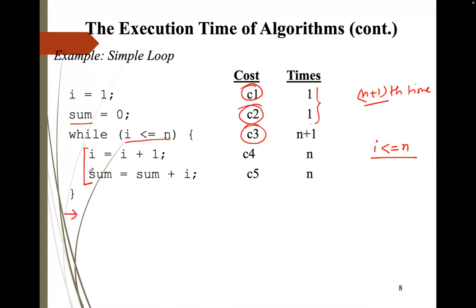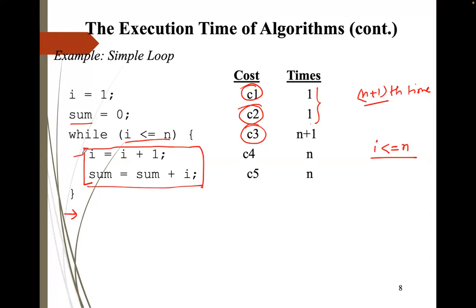For n times, our condition will be true. So these two lines will be executed n times.